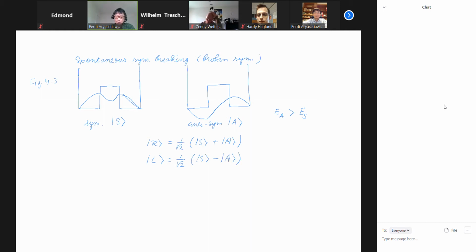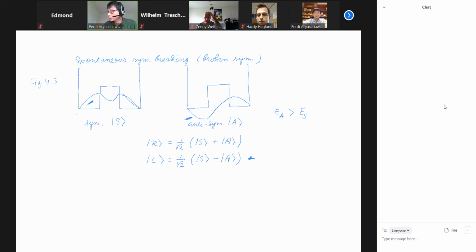And you can see why this is called right and left. If you sum the symmetric and antisymmetric solution, then most of the wave function will be concentrated on the right well, because this part will kind of cancel that part here. And the same here. So that one will be concentrated on the left well. So that's why we call it R and L.